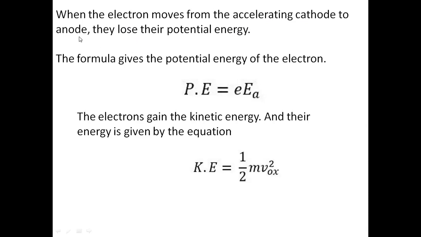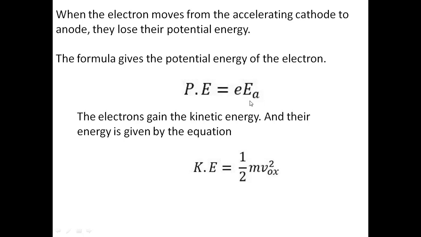In doing so they lose potential energy, and the formula gives the potential energy as e times Ea, where Ea is the accelerating potential.